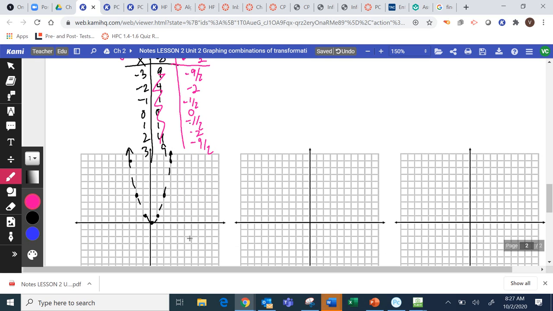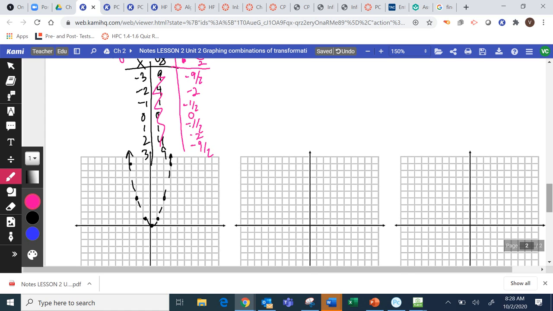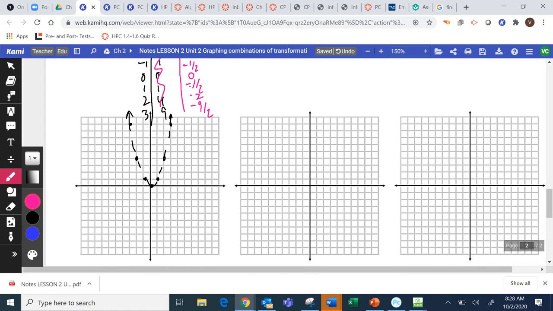We graph the original x's with their new y values. So negative 9/2 is negative 4.5. Negative 3, negative 4.5. Negative 2, negative 2. Negative 1. Oh my gosh, I went the wrong way. Negative 9/2, not positive 9/2. There we go.